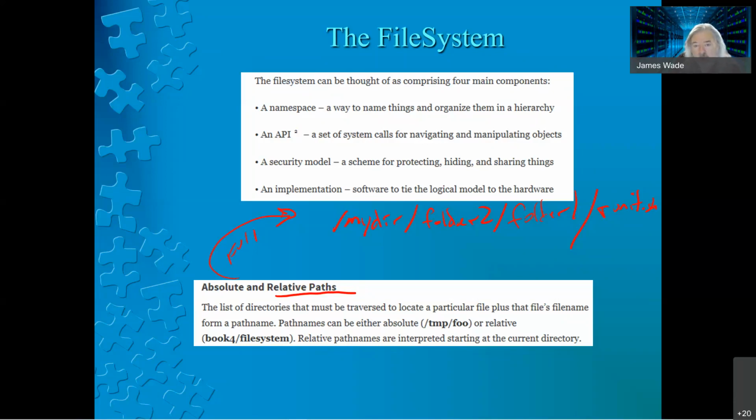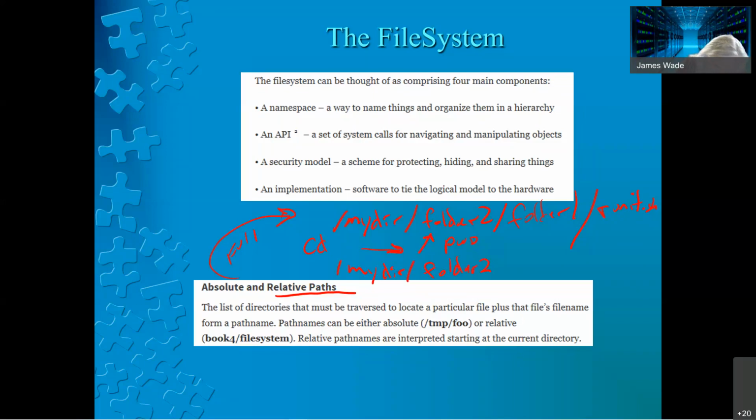It's relative to where you're located. So let's say that I was in folder 2 right here. I did a cd and changed to this folder. If I did a pwd, it would give me a path that would say my dir folder 2. This is my relative path of where I'm at.